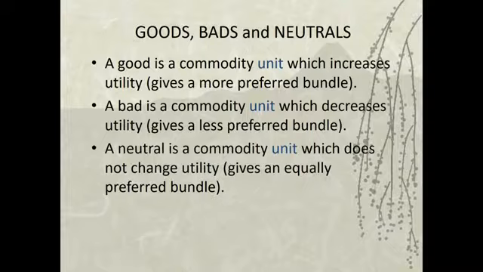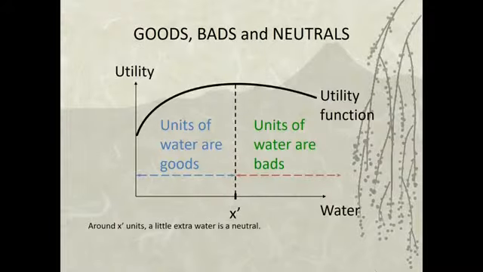In the beginning of our lecture, the very first lecture, we discussed this. A bad is a commodity unit which decreases utility level. It gives a less preferred bundle. A neutral is a commodity unit which does not change utility, and gives an equally preferred bundle. So this is what it is going to look like: goods, bads, and neutrals. Utility for a unit of water: at first water is a good, later it is a bad, but at some point it is a neutral commodity.